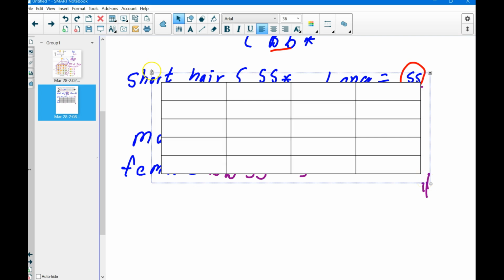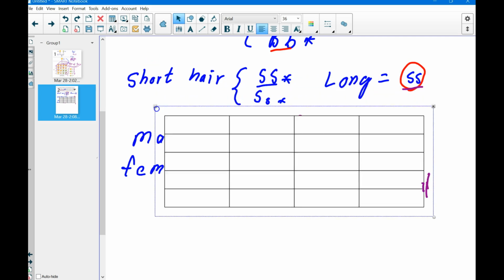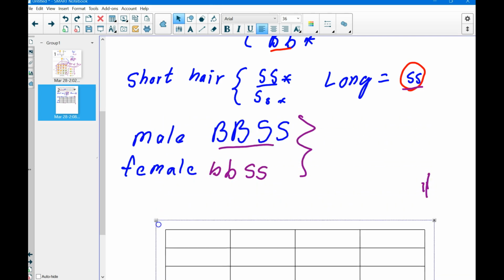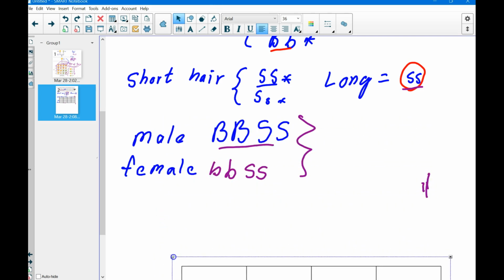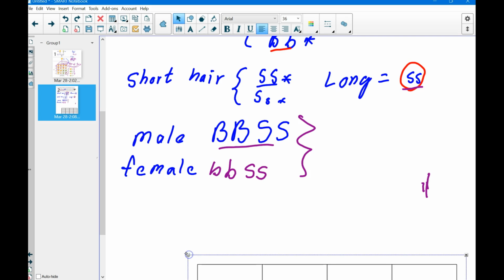I should be able to move that. Here we go. I'm only moving it once because, oh my goodness, it's hard enough this time.